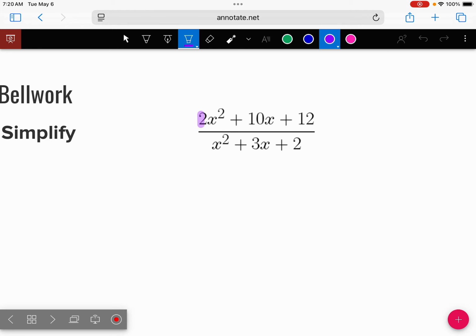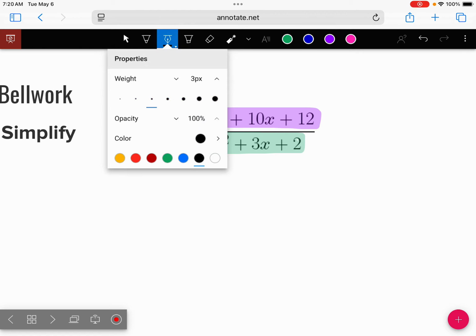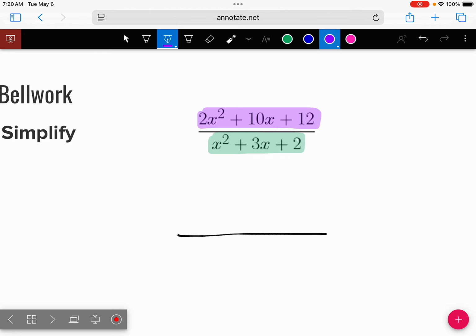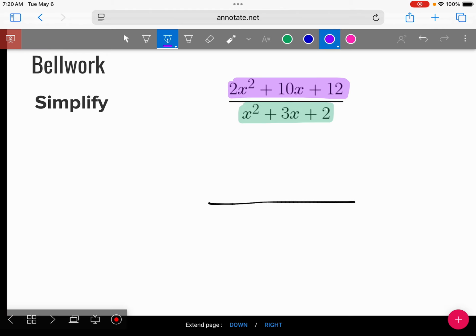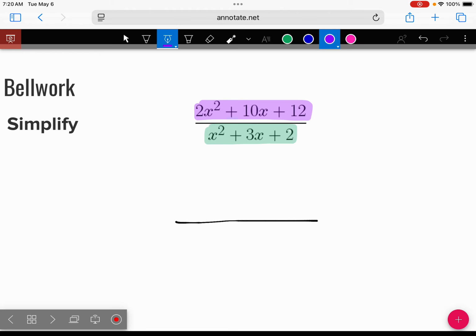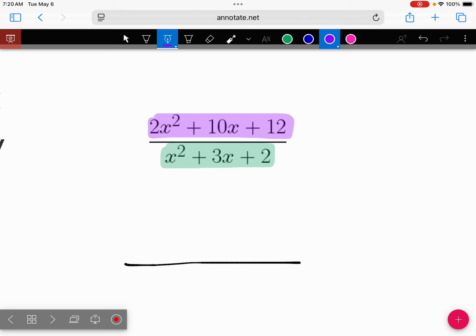All right, so yeah, we're going to need to factor these things. So we need to look at the numerator, the top piece, and see if we can factor it, and we're going to look at our denominator and see if we can factor it. For the top one, do we do the x or the greatest common factor first?